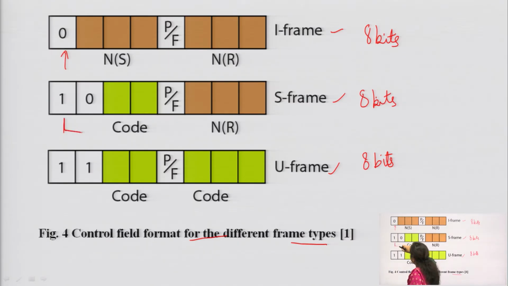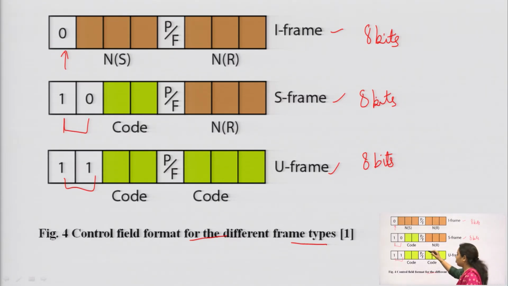In case of the S frame, the first 2 bits are 1 0. In case of the U frame, the first 2 bits are 1 1. So, this is how you can differentiate these frames: the I frame starts with 0, the S frame starts with 1 0, and the U frame starts with 1 1.